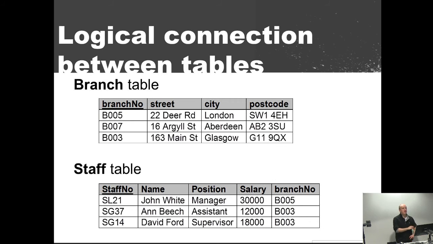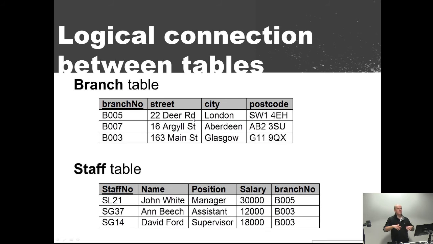So that allows you not to make mistakes, because if you have only one table, maybe you will forget to update the address where some of the employees work. Maybe you are going to type the addresses in different ways. Here we have used an abbreviation of road, which is RD.